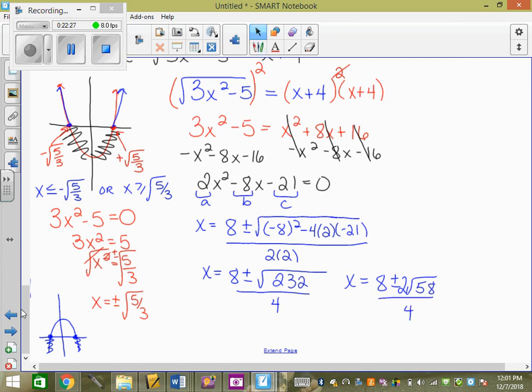And then you can take a 2 out of each. And you're left with 4 plus or minus root 58 over 2.